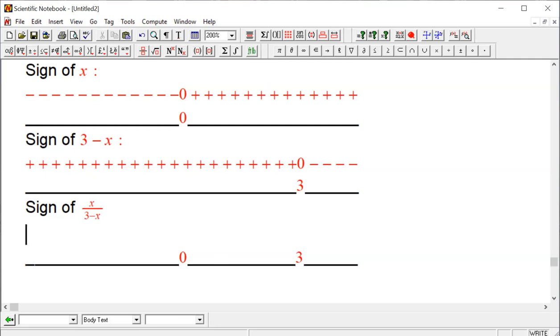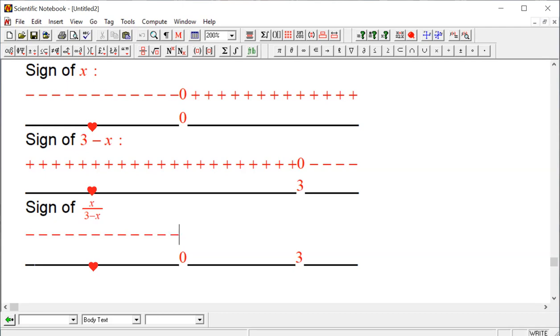When we pick a number less than 0, we have negative divided by positive. Negative divided by positive is negative. So in this case, we get a negative.